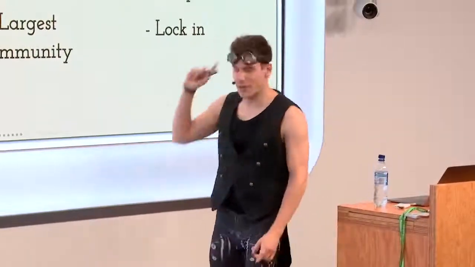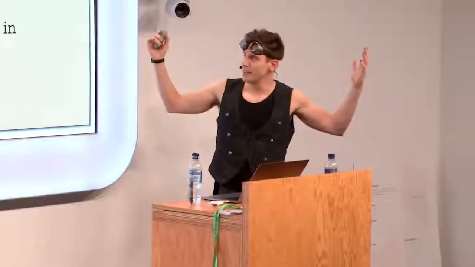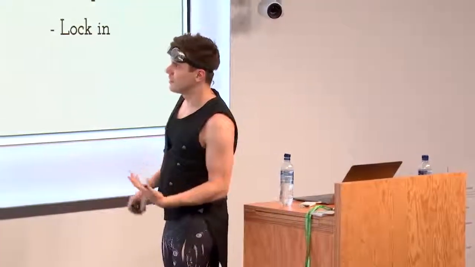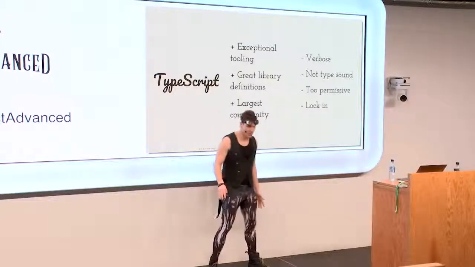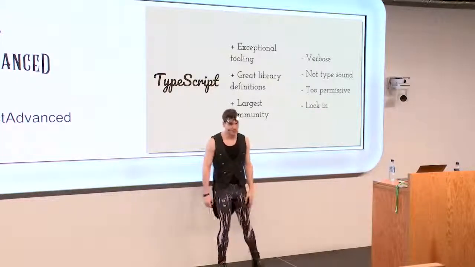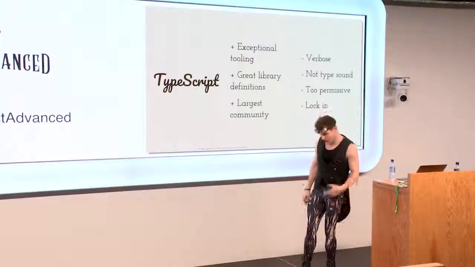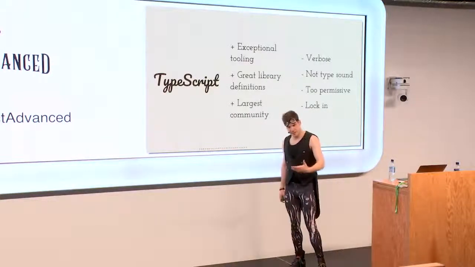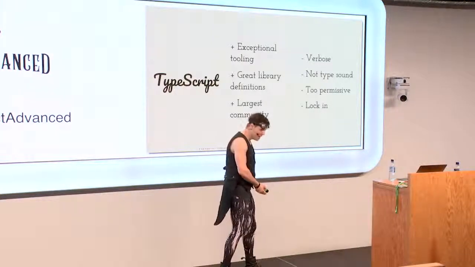It's great. The library definitions are good because there's a large community, and large community means you have lots of Stack Overflow posts, which are very important when you're trying to tackle difficult edge cases that can set you back many, many hours. On the downside, it's very verbose. You're going to be doing a ton of typing, and typing makes people sad. It's not type sound, and it never intends to be. What this means is if it says, I am a string, you can't actually be sure it's a string.